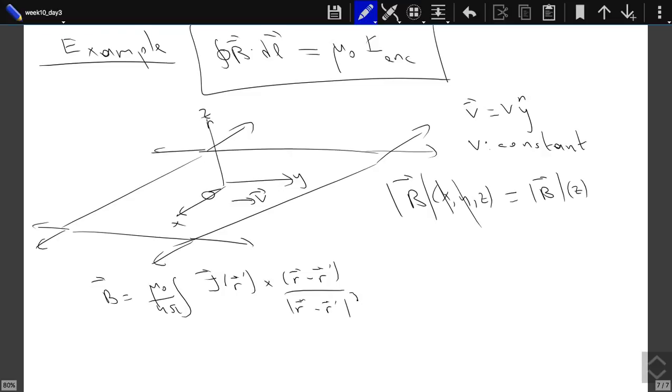What is the direction of j? J is in the y direction. If j is in the y direction, you take a vector that is in the y direction, take its cross product with some other vector, the cross product will always be perpendicular to the y direction.